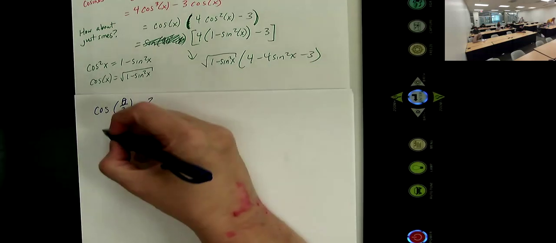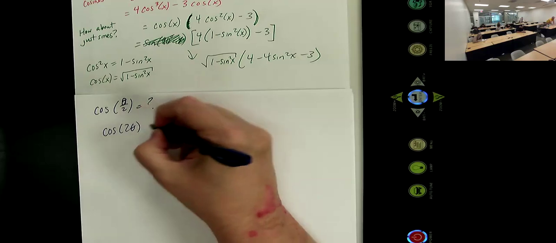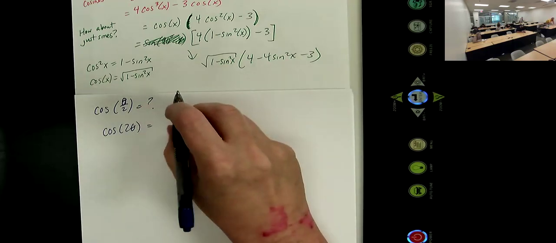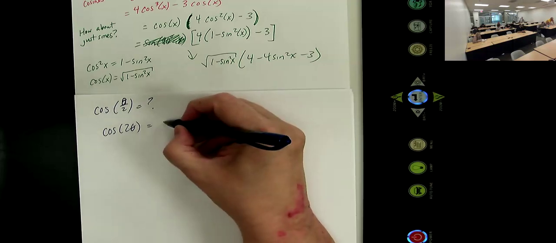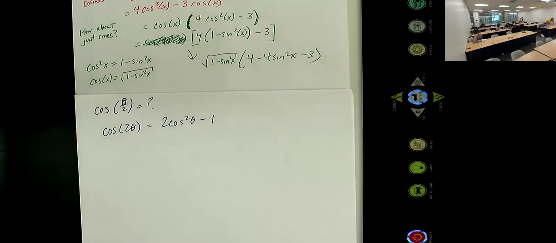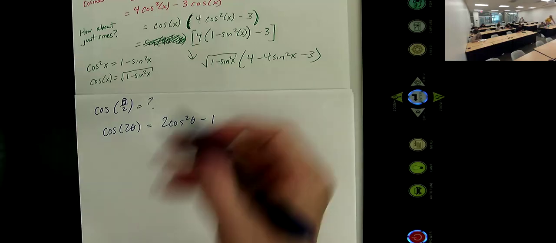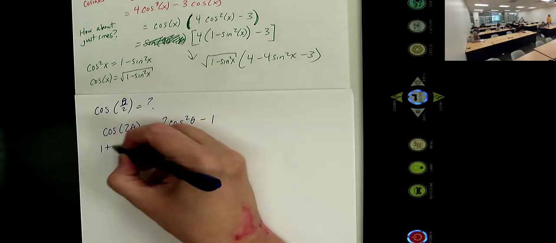So the way you start is with your cosine of 2 theta formulas. If I write this as 2 cosine squared theta minus 1, I can solve for cosine theta here. I add 1 to both sides.